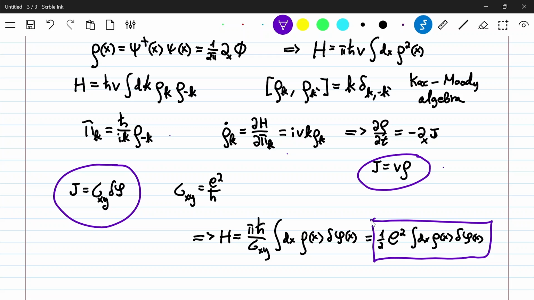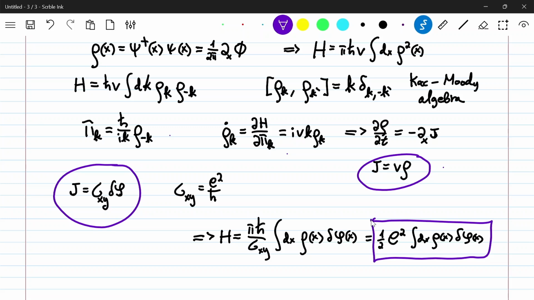So this is in fact universal. Now if you forget that this rho is coming from electrons that are quantum particles, just think of it as a density of a fluid. The same Hamiltonian should be used to describe any charged fluid.